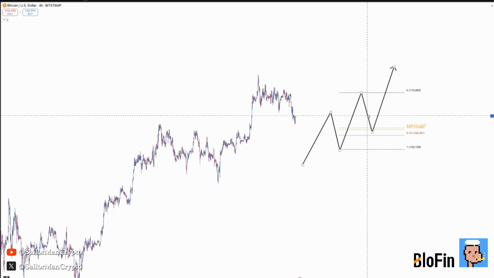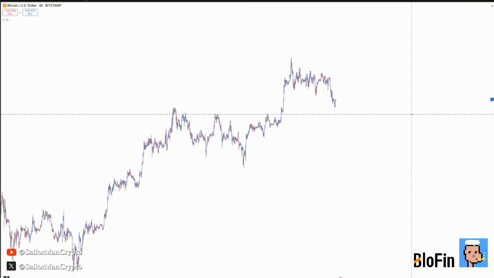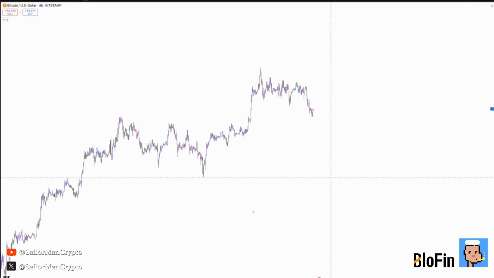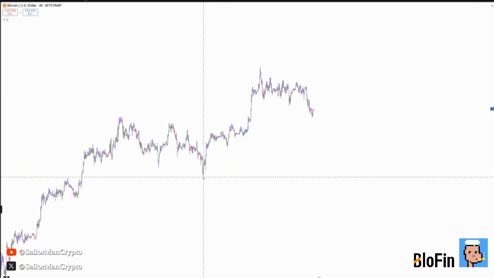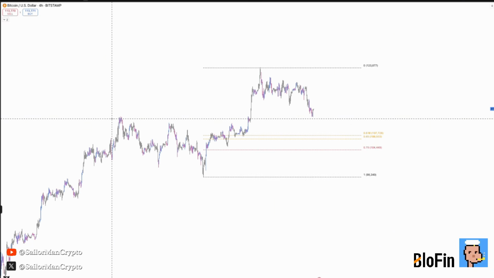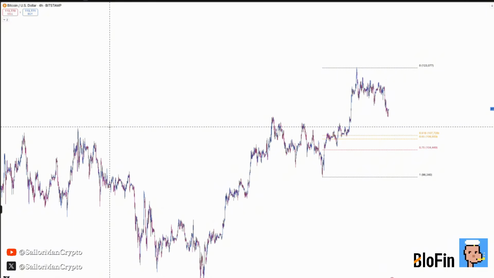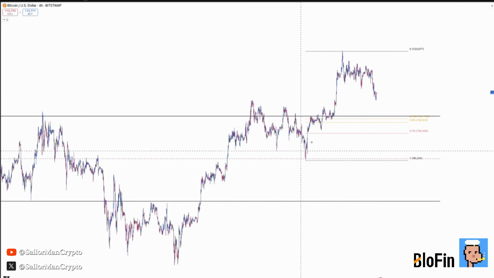If I take a quick look at the Bitcoin chart that we have today, I'm recording the video on Sunday, so probably price action will change. If we take this live example here, you will see that if we take the Fibonacci of this extension, previously we had a support and resistance level just around here.